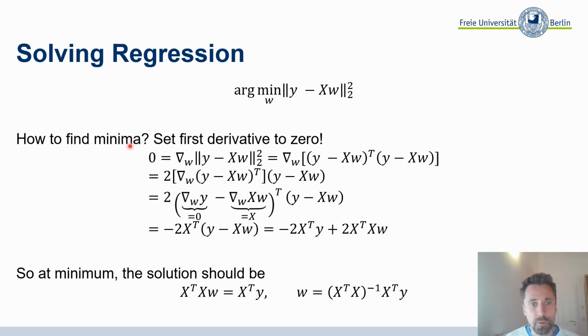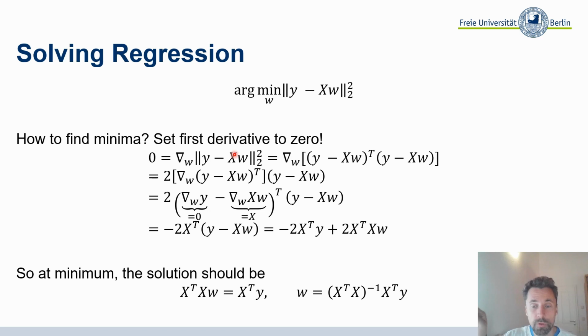Okay, so 0, and please don't run away when seeing this block of equations. It's really simple, and I'll lead you through. So 0 should be, this is the nabla operator, so this is the derivative with respect to w of this expression that we had here at the top. And so this is the square of the 2 norm, and remember the 2 norm is the sum of the squares and then the square root.